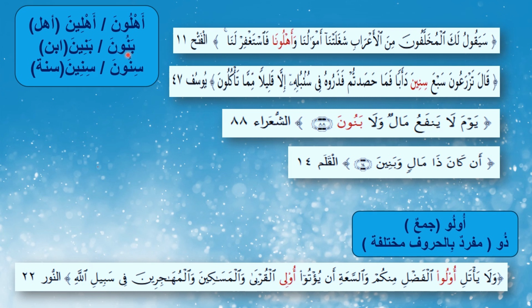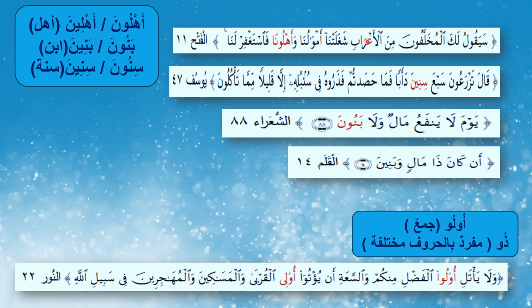The alif has been removed and it becomes banoon and baneen. Then from sana we have sinoon and sineen, so the structure has been changed here. The ta marbuta has been removed. So you can see it's a feminine noun, but it's following Jama muzakkar salim. So there are some exceptions here.